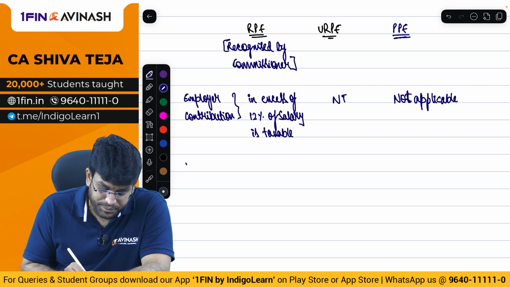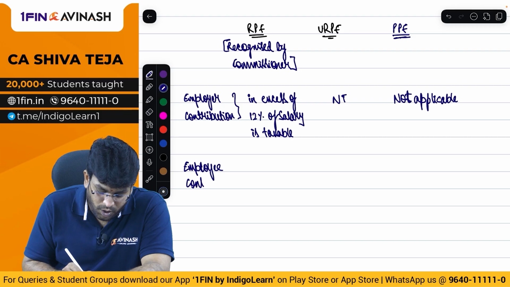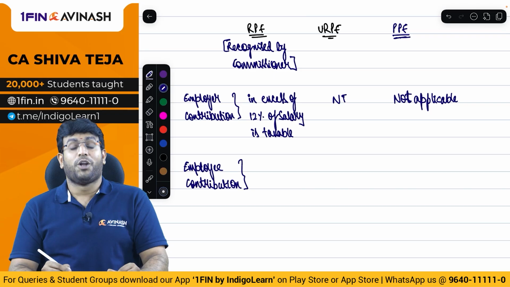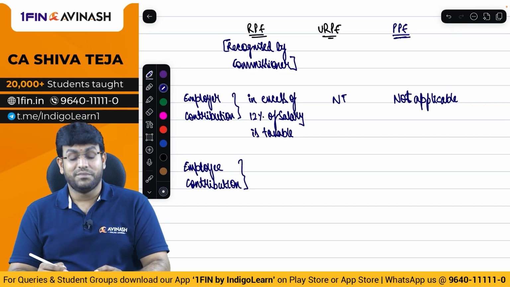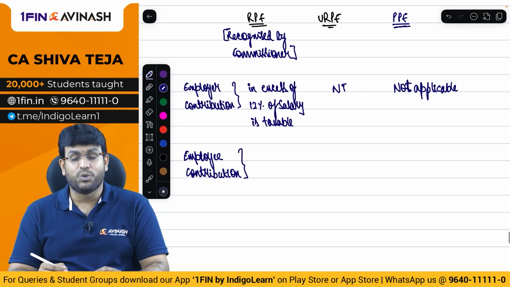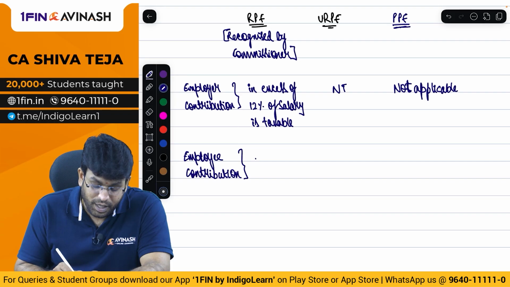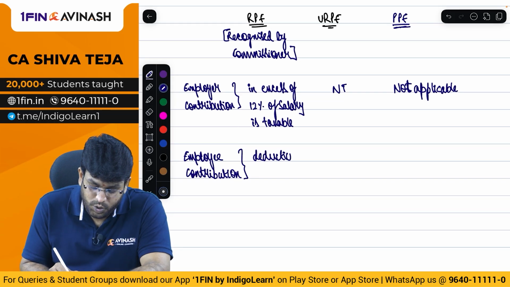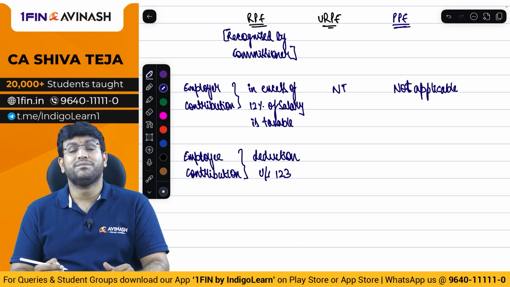Next. Employee contribution. First of all, what is provident fund? Provident fund is like a saving scheme where money is being saved on which you get interest. Employee contribution, in case of RPF, the law told you can claim deduction under section 123.